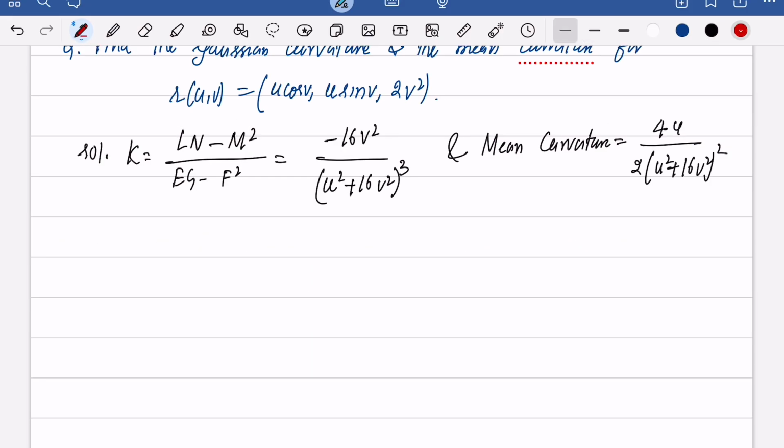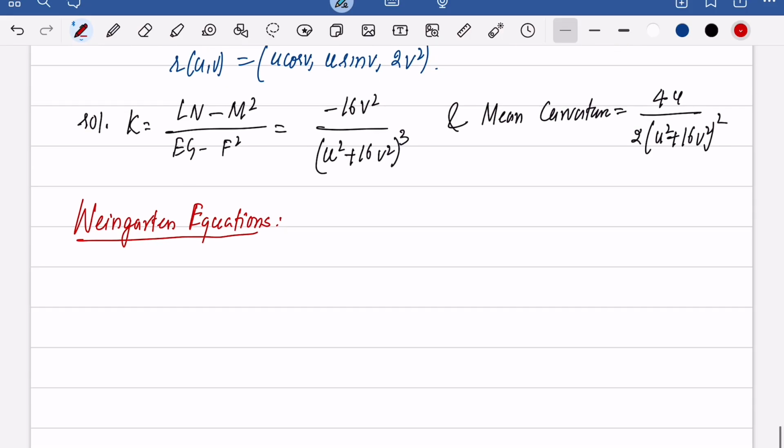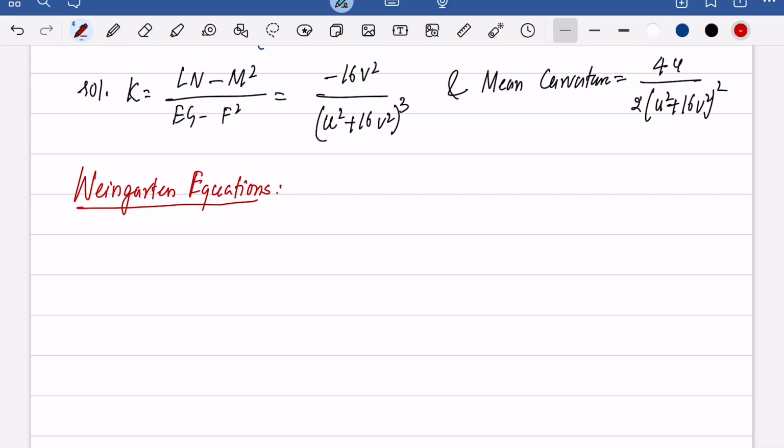Now let's take the Weingarten equations. Weingarten equations give us the derivatives of the unit normal with respect to u and v in terms of the first order fundamental magnitudes and the first order derivatives of the tangent vectors. So these are two equations which we need to remember. This is given as minus 1 divided by h square into this matrix R1, R2 into M1 inverse into M2. This is equal to N1, N2, where we shall define these notations N1, N2 later on.